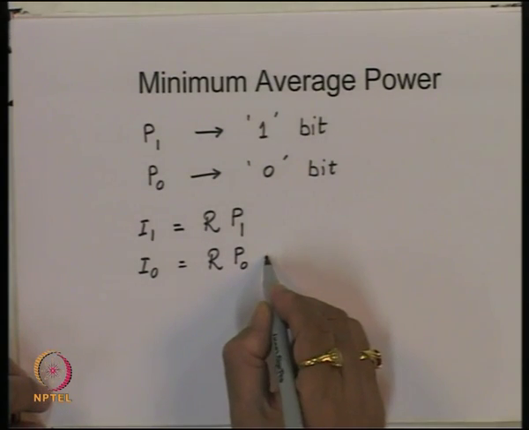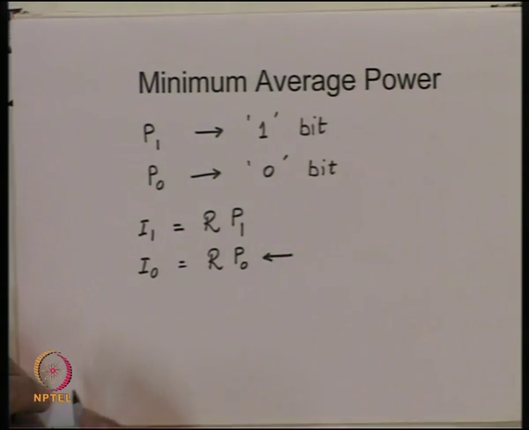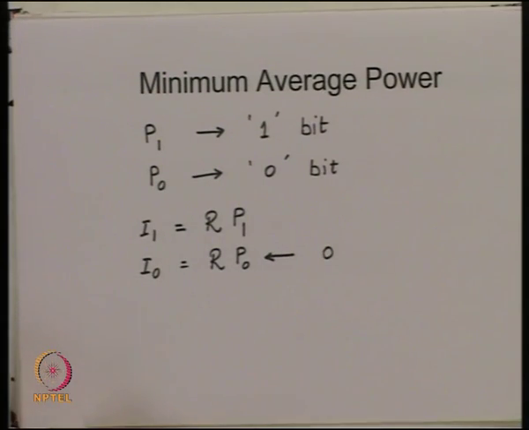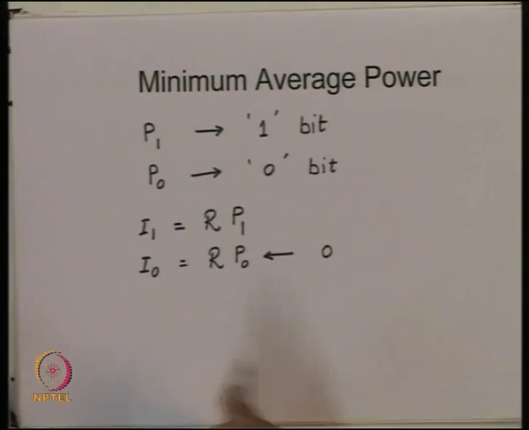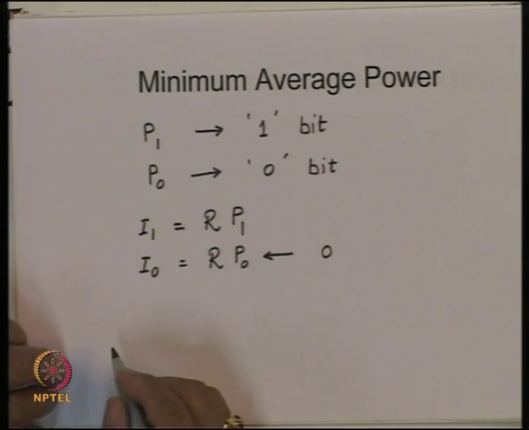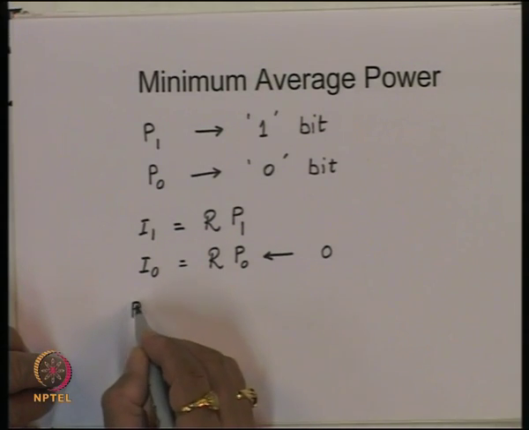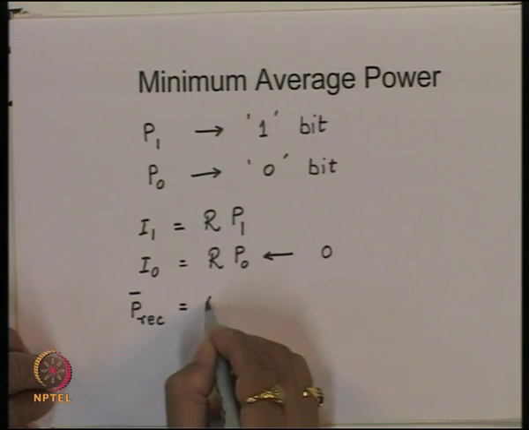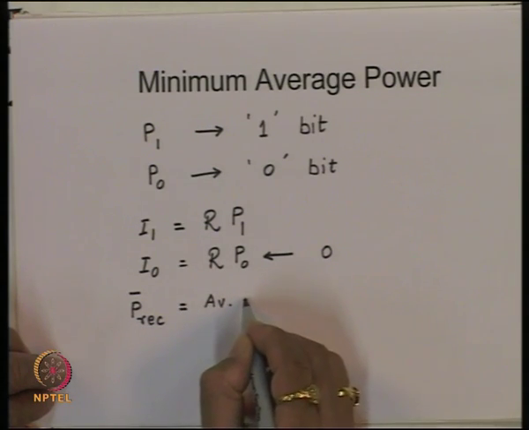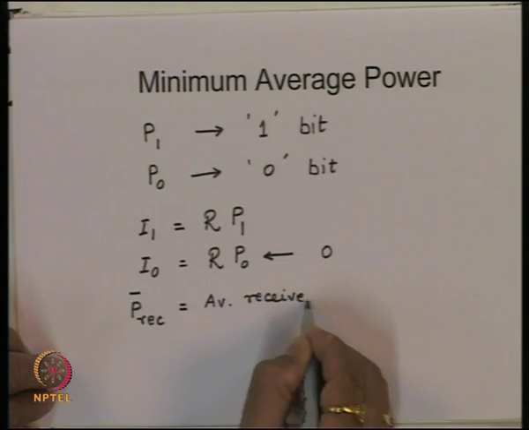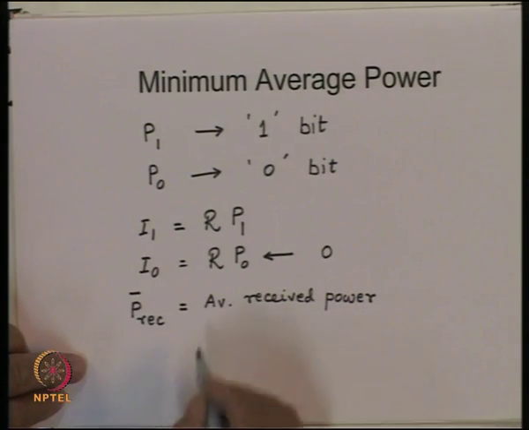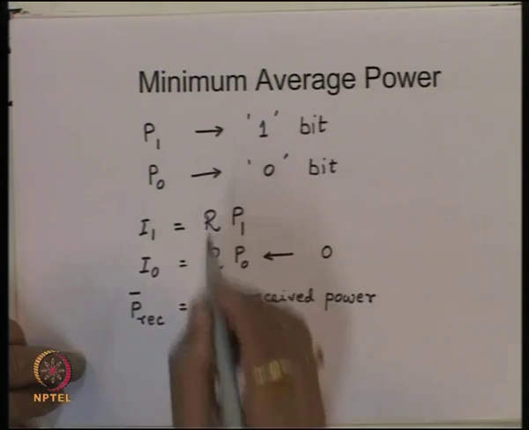And for an ideal receiver, since no power is received during the 0 bit, this quantity is 0. Then one can define the average received power which your power meter measures, which we can call P bar received. So, this is the average received power, which is the mean value of the two powers which you are receiving.